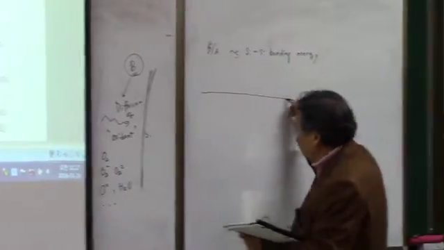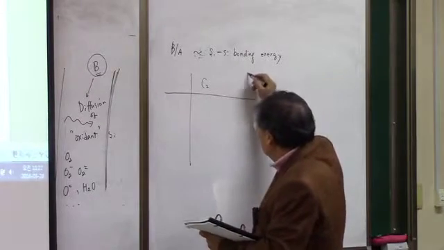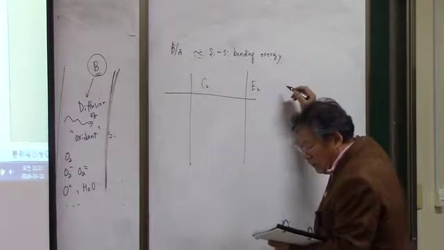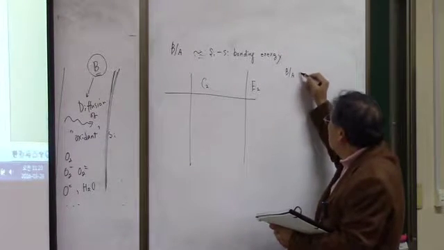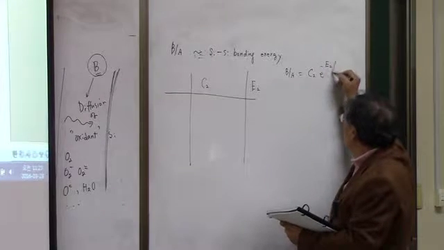And from this figure, what we can see, again, here C2 and E2, now B over A is C2 e to the minus E2 over KT.